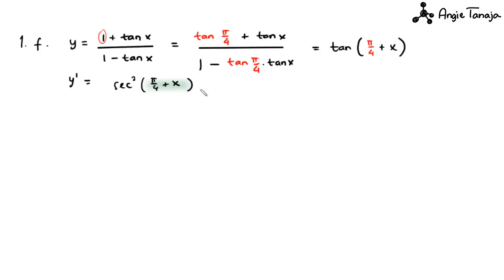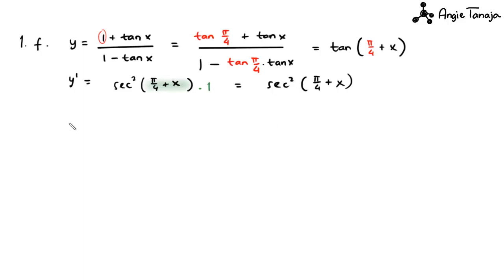And then we have to times it with the derivative of the green one, which is only 1, so it doesn't affect anything. It seems like we don't multiply with any derivative, but actually the derivative of this is just 1, so it's invisible.